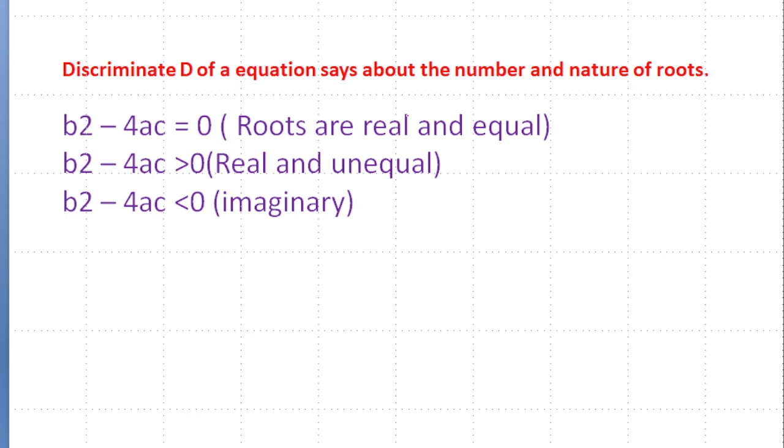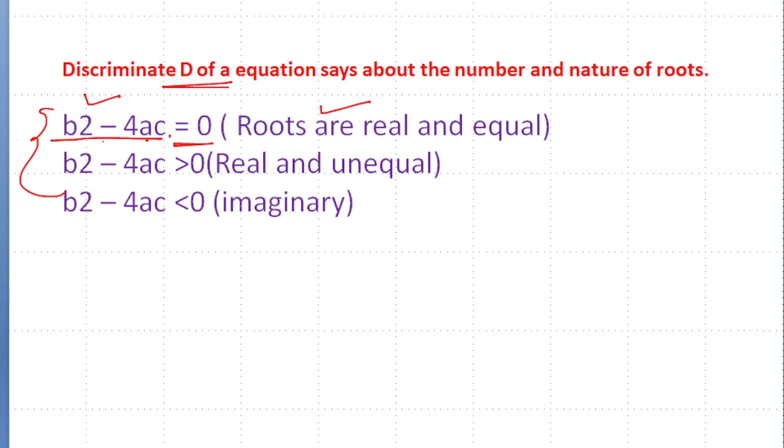When the discriminant part came, these two roots came. The discriminant is b square minus 4ac. This will tell the nature of the root. How? Like this. If b square minus 4ac equals 0, then undoubtedly both the roots are equal and real.